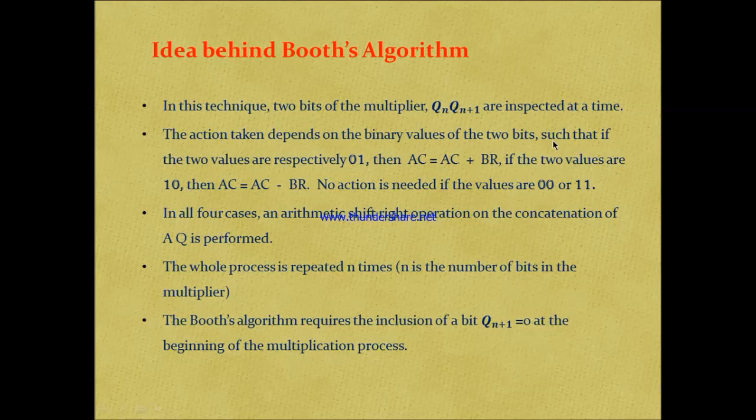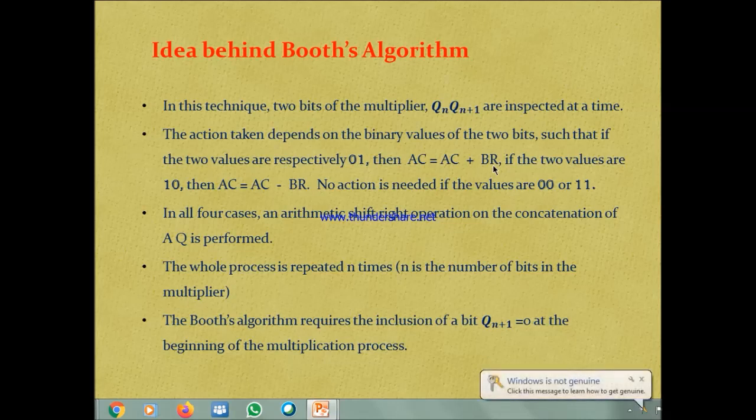The first condition is that the 2 values, Qn and Qn plus 1, are respectively 0 and 1. In this case, the accumulator AC is equal to AC plus BR. BR is nothing but my multiplicand. So this is the first case.